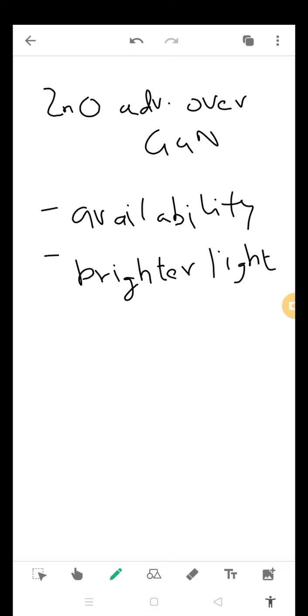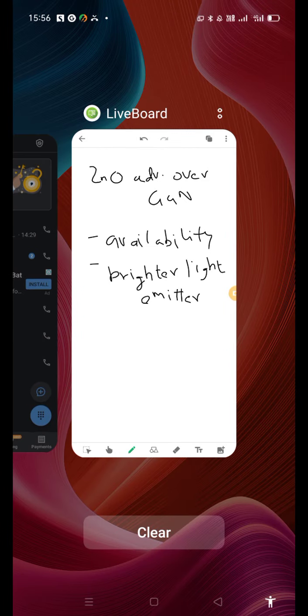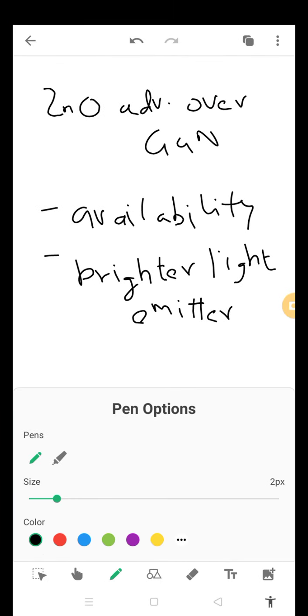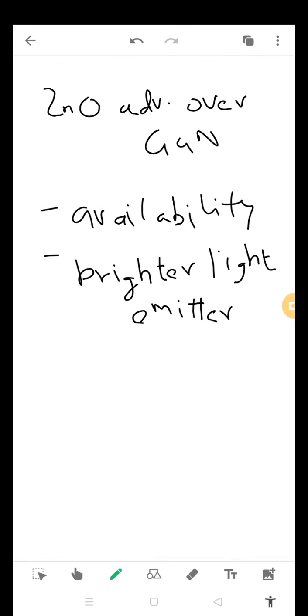That means the intensity of the light emission is much higher compared to gallium nitride, and these properties cause zinc oxide to be used as a transparent thin film transistor.